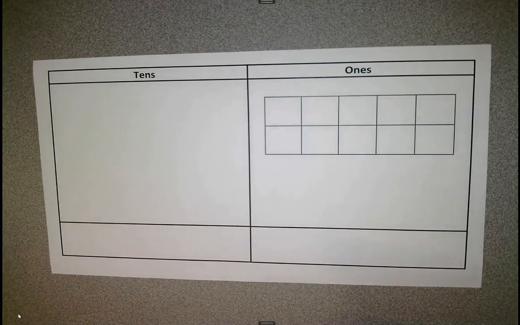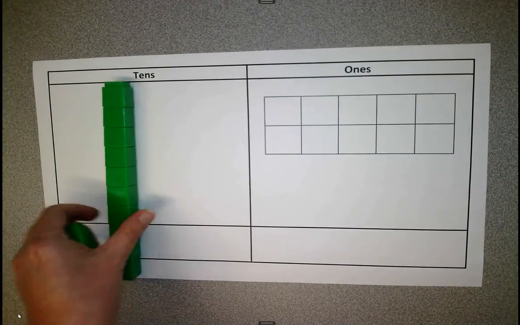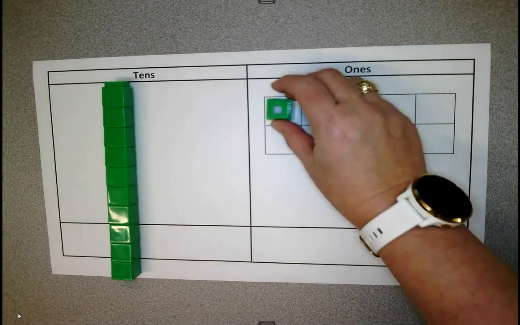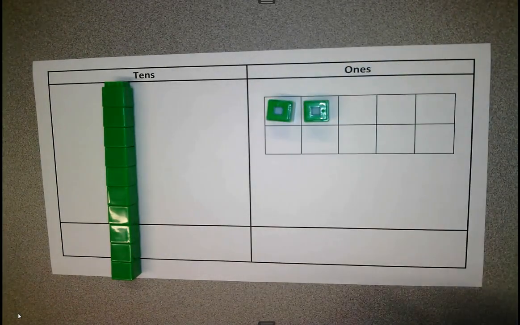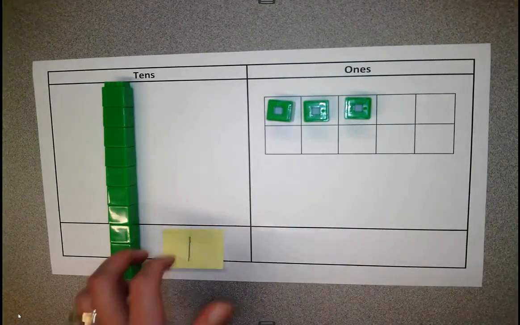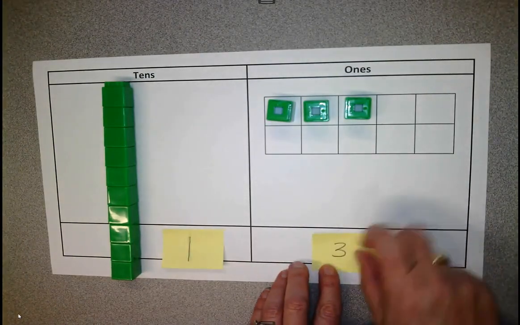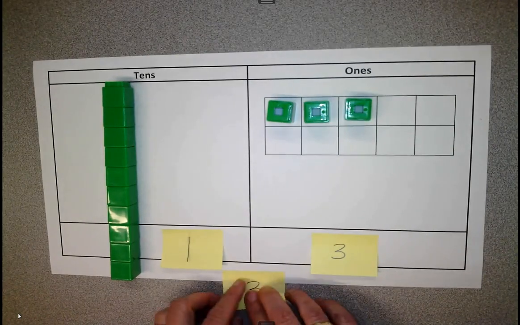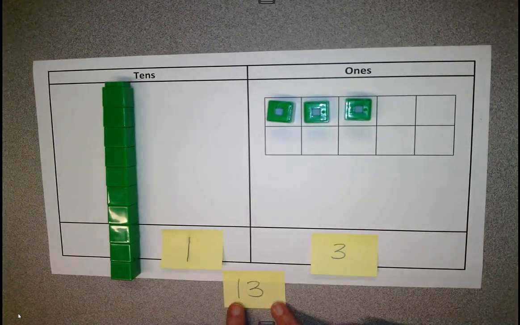We would have the students place the 10 in the tens place, because the number 13 is 1 10 and 3 ones. And then we want them to label that. 13 is 1 10 and 3 ones. How do we represent that number in standard form? The number 13 is 1 10 and 3 ones.